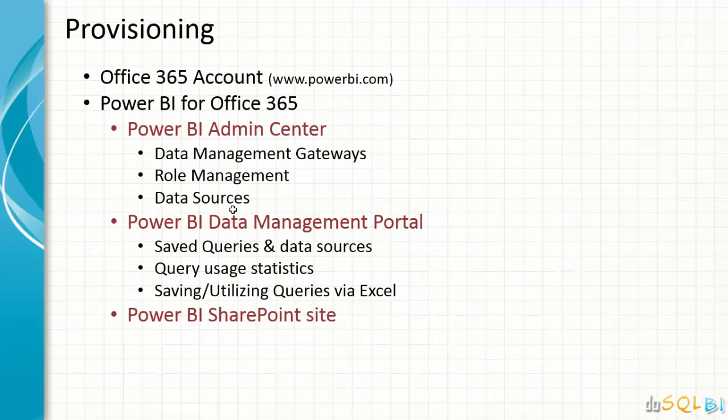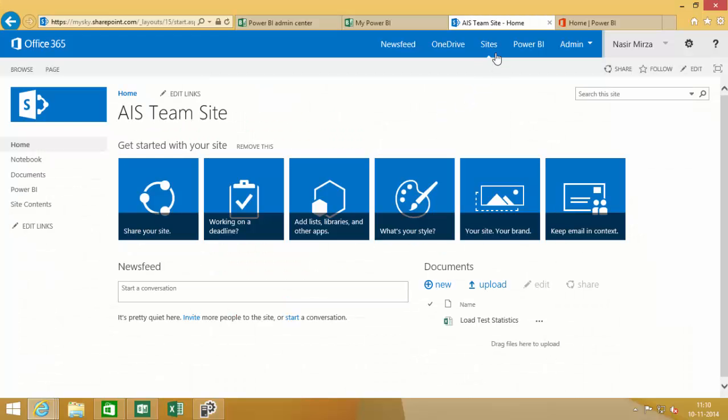Power BI also provides Power BI SharePoint Site, and through this site we get to use the feature of Q&A, also called natural query language. So in Power BI account, once we log in, we get the sites option, and when we reach the site, we have this Power BI.